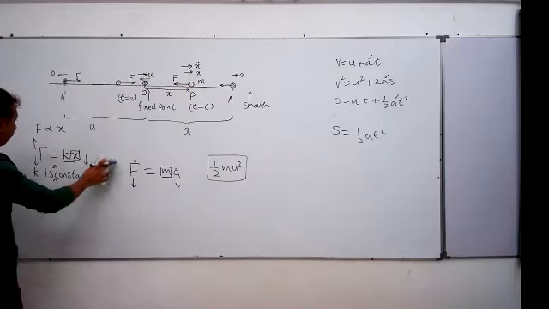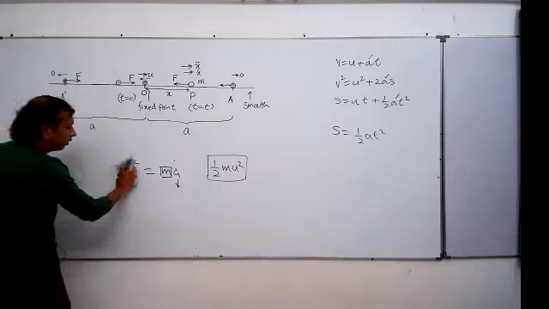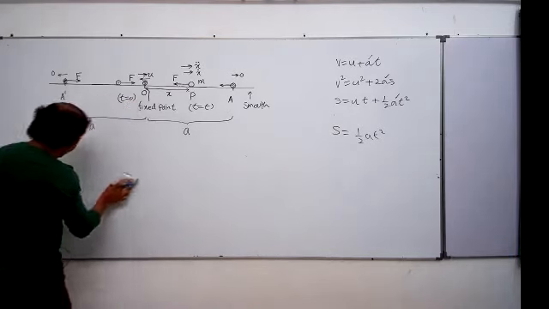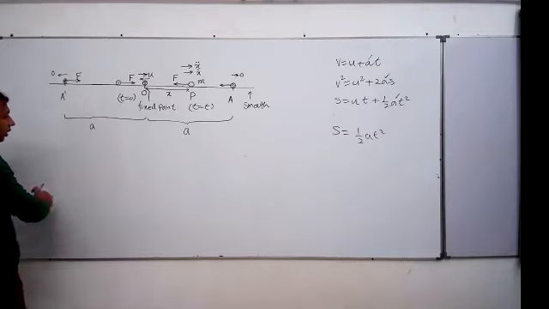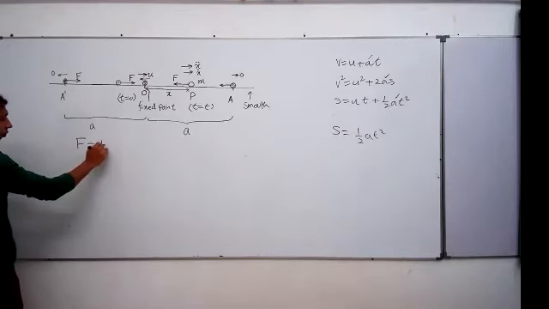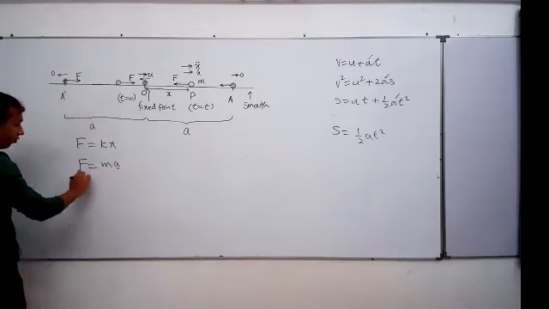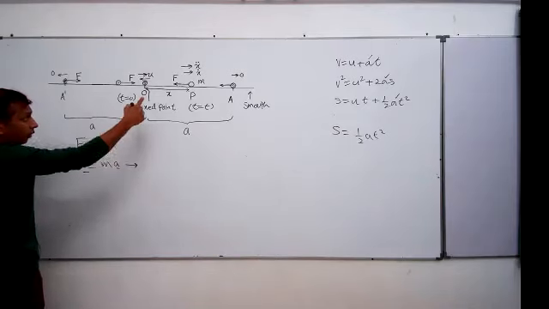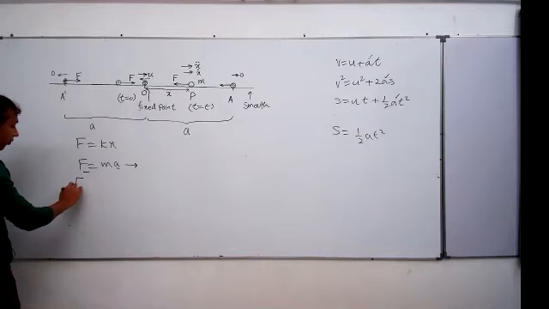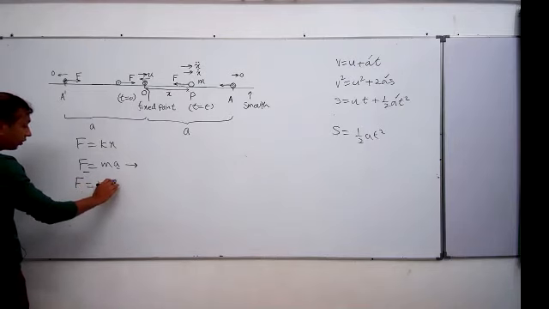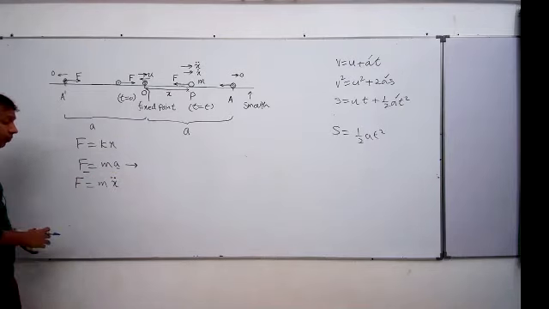Then I can apply F equals ma for this motion of the particle. There, the force F is given by kx. Now the force is acting leftward, mass is m, and acceleration is rightward, x double dot, this way.